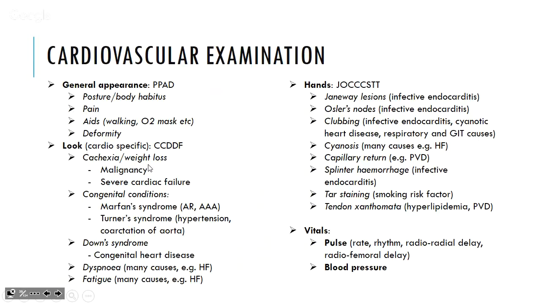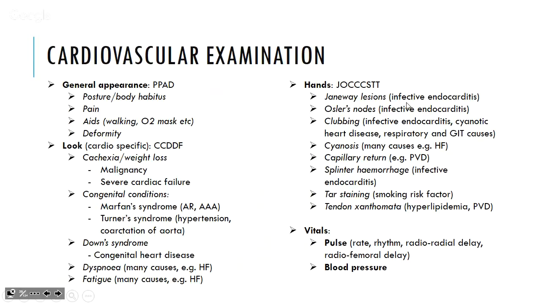So cachexia, weight loss, congenital conditions like Marfan's and Turner's, and then dyspnea, fatigue, and then looking at the hands. This is the mnemonic I use. I start off palmar side, look for Janeway lesions, look for Osler nodes.